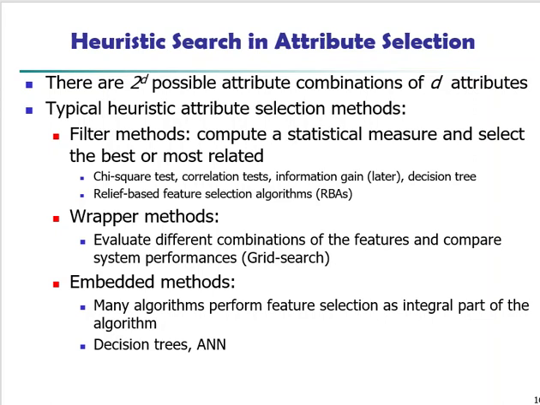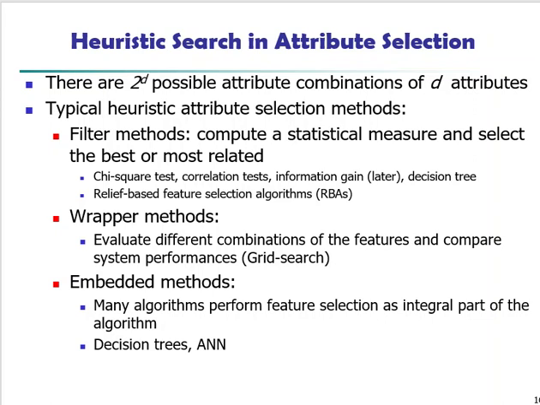Before the deep neural network, the vast majority of the other traditional machine learning algorithms rely heavily on feature selection. Therefore, many methods have been developed, and we can categorize them into three general groups. The first one is the filter method.